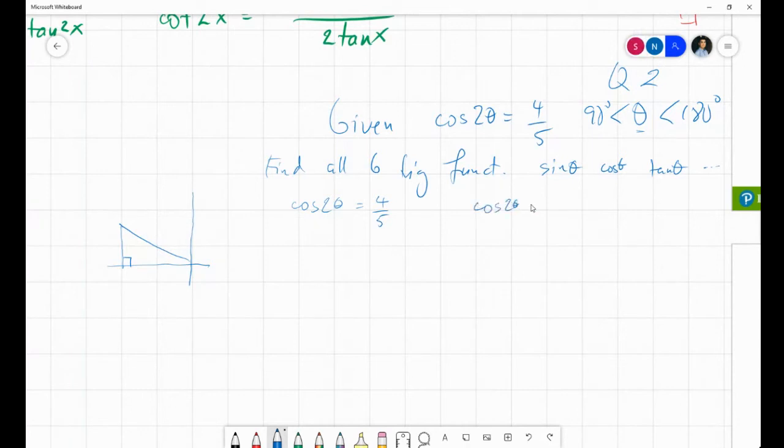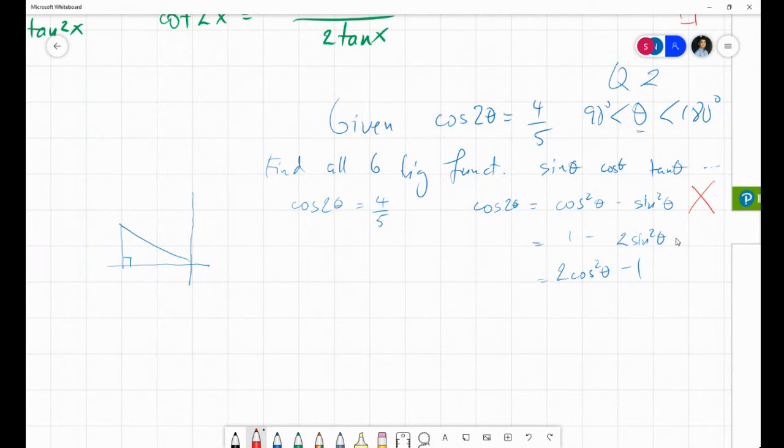Now remember the 3 formulas: cosine square minus sine square, 1 minus 2 sine square, or 2 cosine square minus 1. So we have 3 of these formulas that we can pick from. You can see that the first one uses both cosine and sine. I do not want to use this one because it involves 2 trig functions.